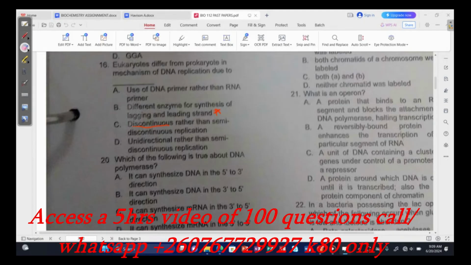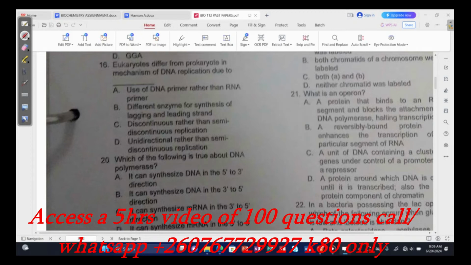This is not true. We have the lagging strand which is discontinuous, then the leading strand which is continuous. So it is semi-discontinuous, and semi simply means half. This is true both in prokaryotic and eukaryotic cells, so it's not a difference.